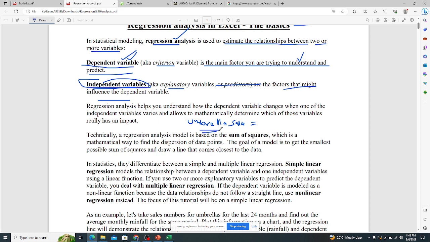So our model will be umbrella sales given a constant, let's say constant A, then the rainfall amount.